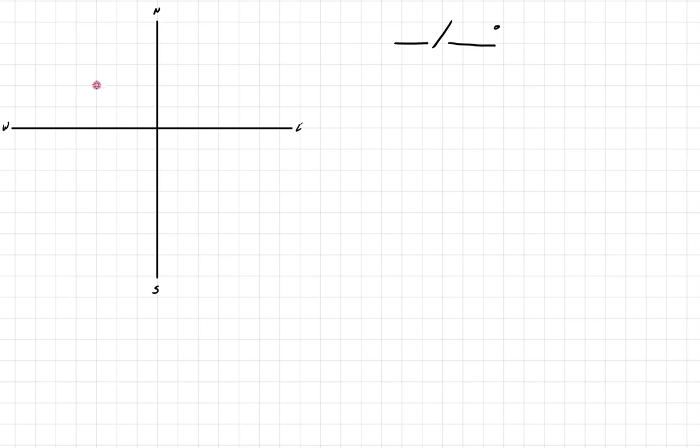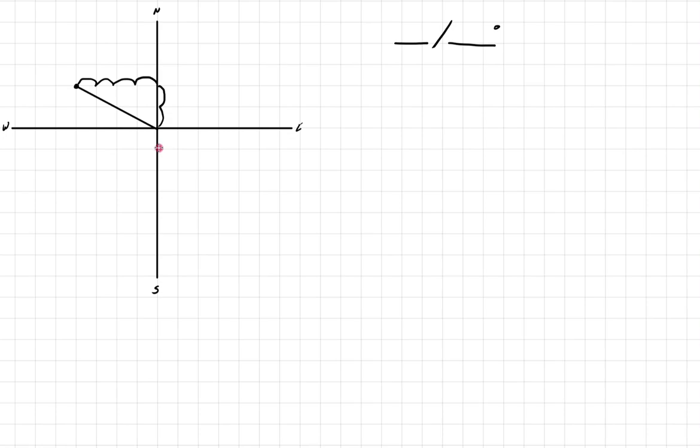So 1, 2, 3, 4. So you'd end up here, right? So that would be a straight line from here to your starting point.